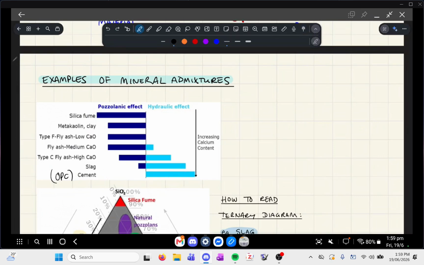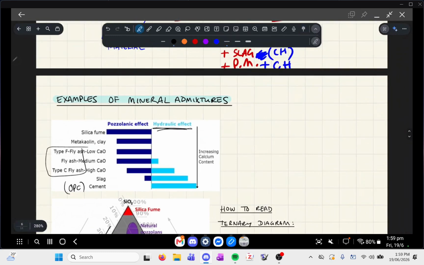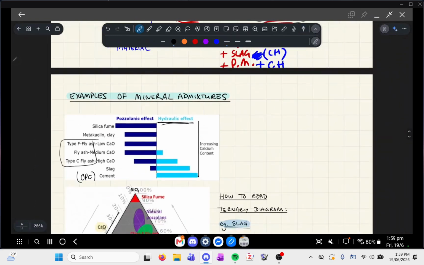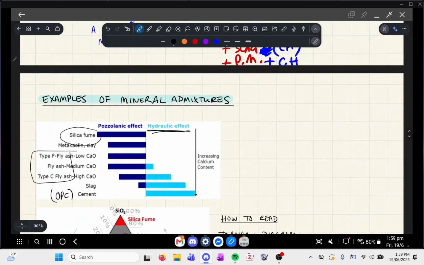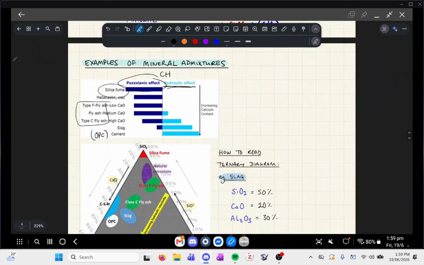For slag, it's mostly a hydraulic effect with some pozzolanic effect. And then you've got your fly ashes, and then I think these are called the natural pozzolans, which are in some types of clay. And then silica fume is basically an entirely pozzolanic effect. In other words, it requires CH to undergo the reaction, okay? So that's kind of how it works.